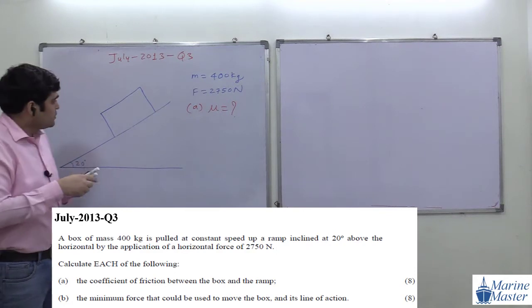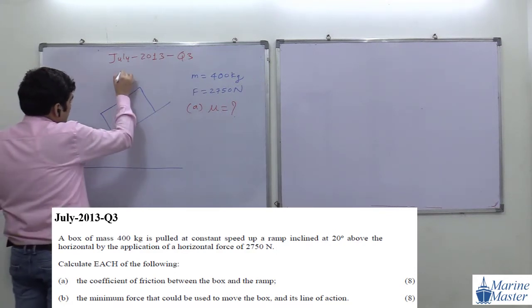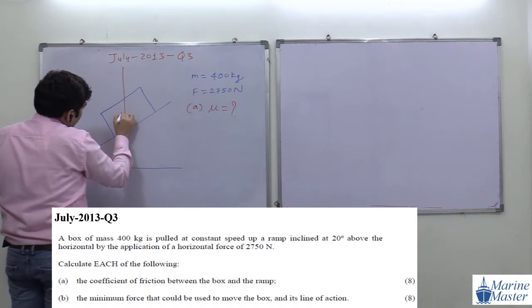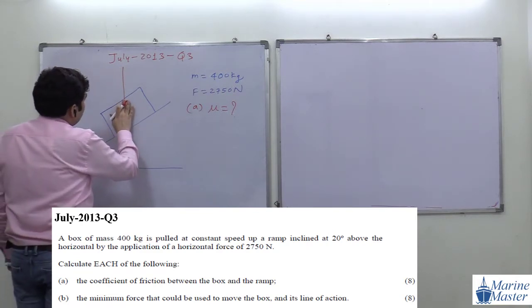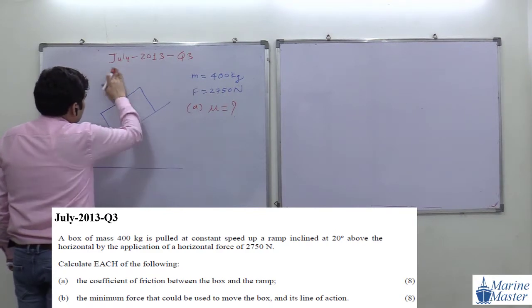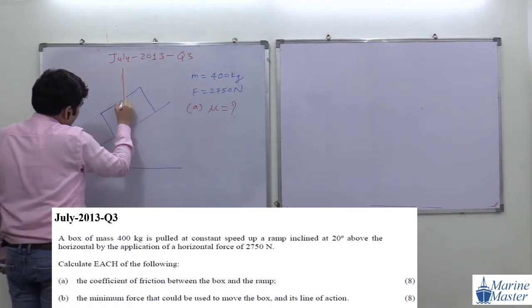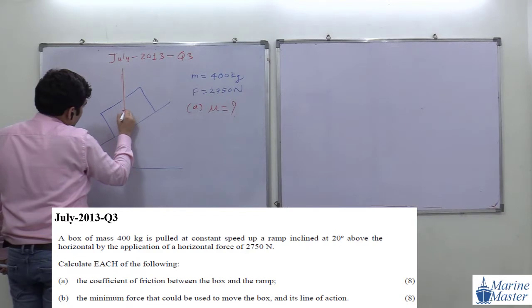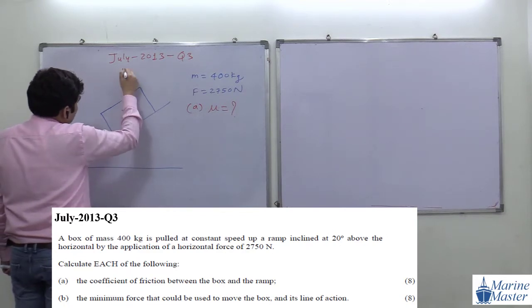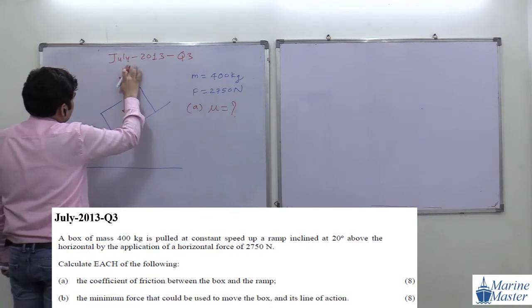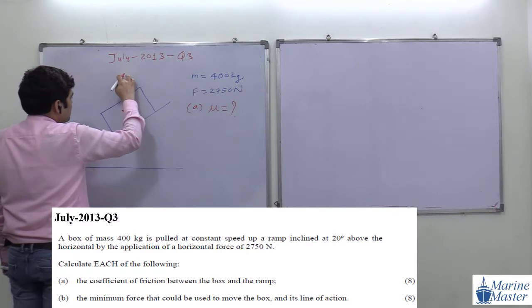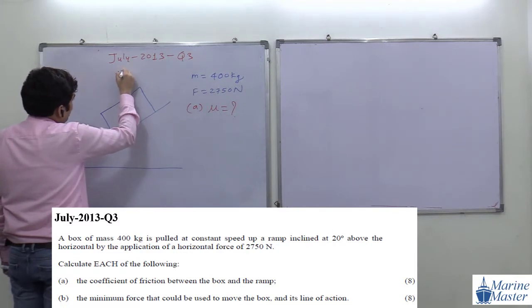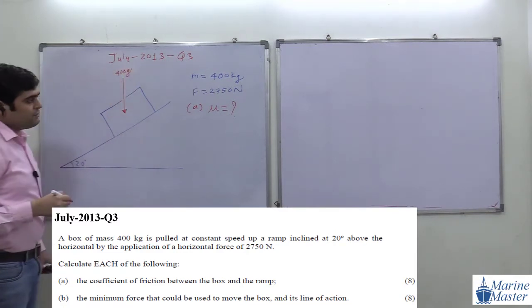So this is our weight. Weight is how much in this scenario? 400 g. This is the value of weight.